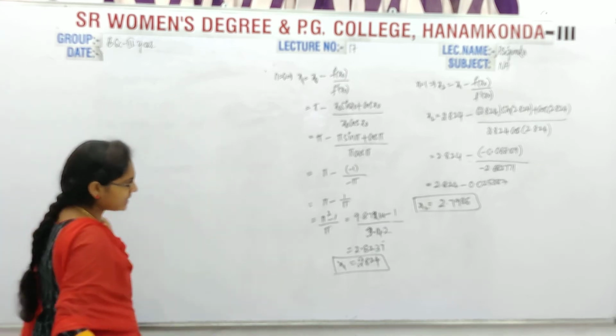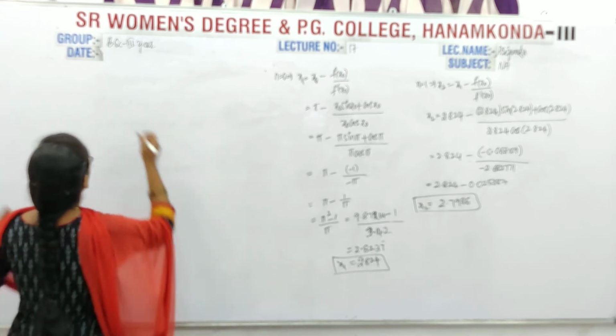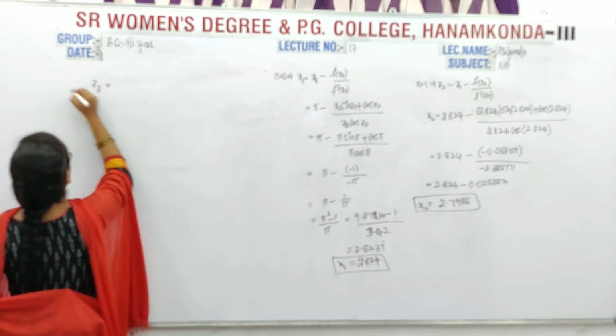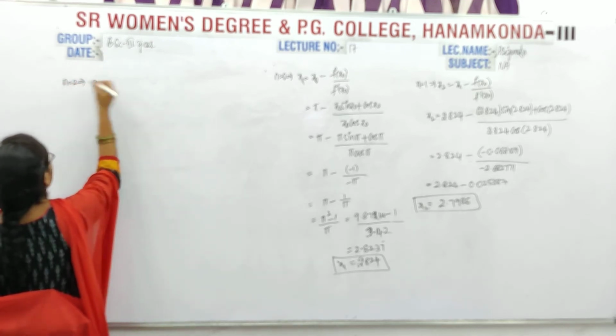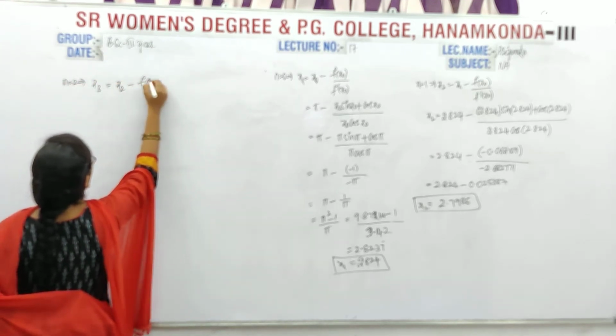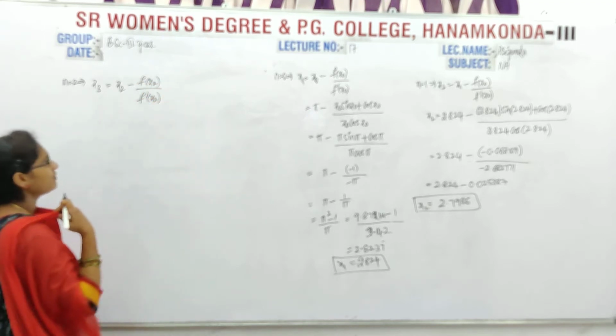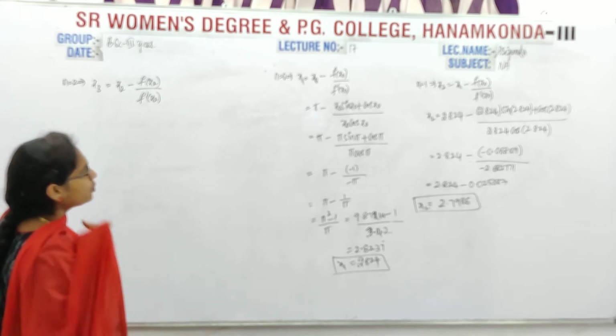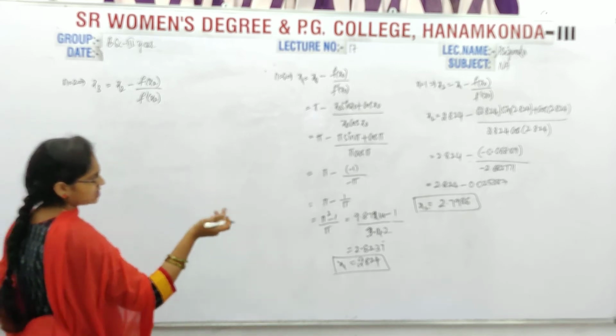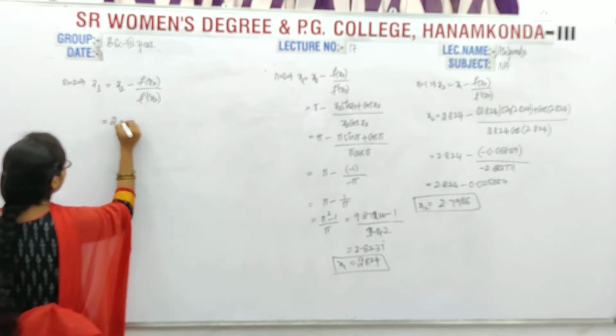Now here x3. Now what is the formula? x3 equal to x2 minus f of x2 by f dash of x2. So then what will happen? Now 2.7986, I am taking that one only.